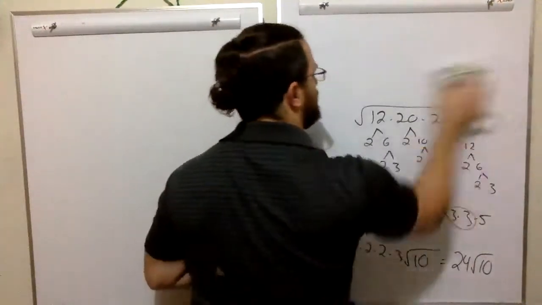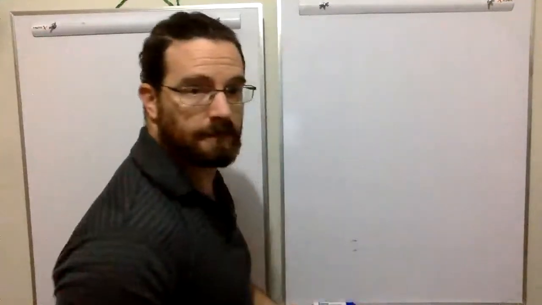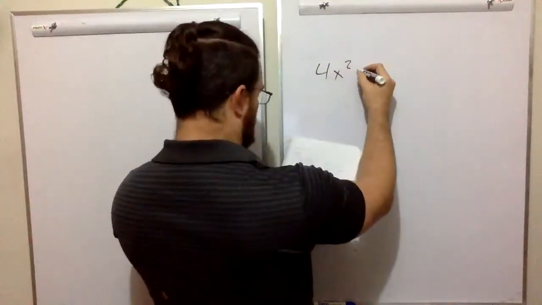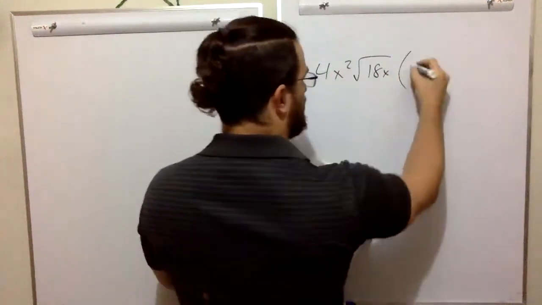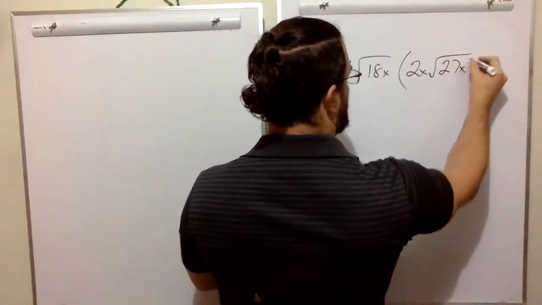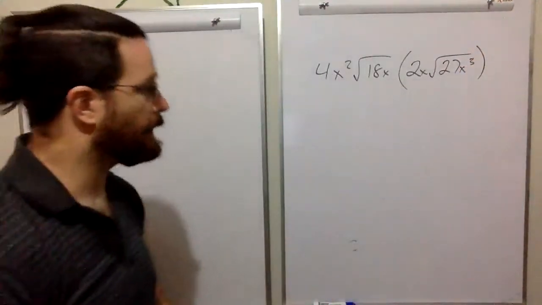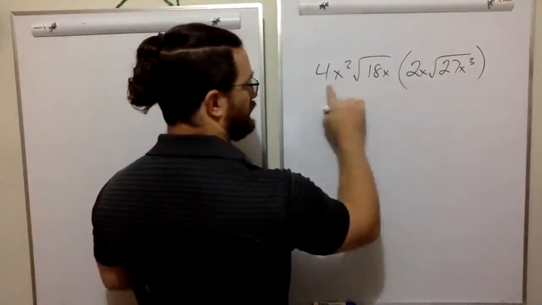Try the next one. 4x squared radical 18x times 2x radical 27x cubed. Again, we start by doing the outsides first.